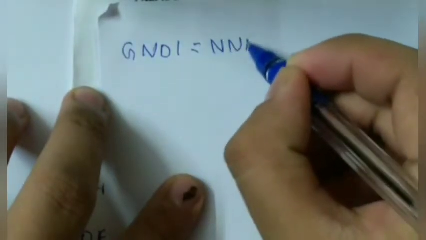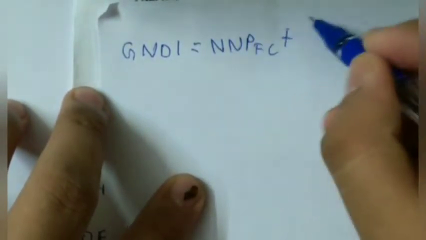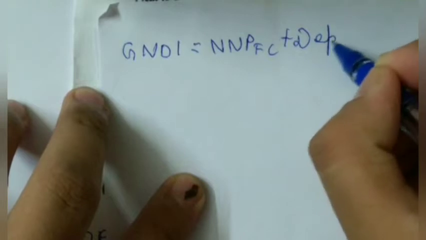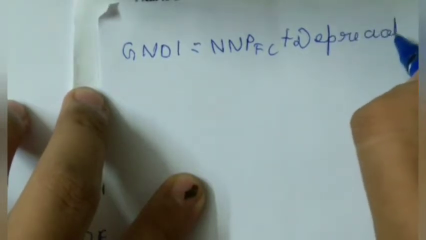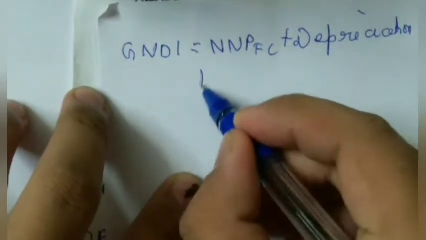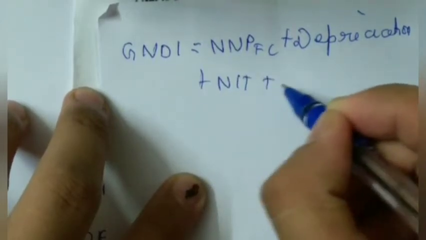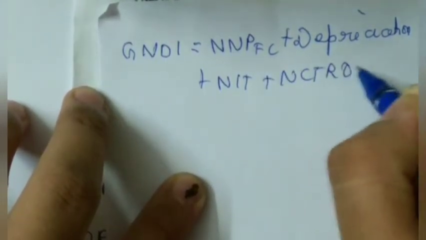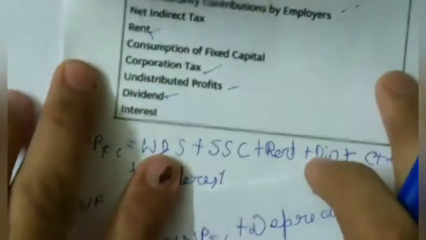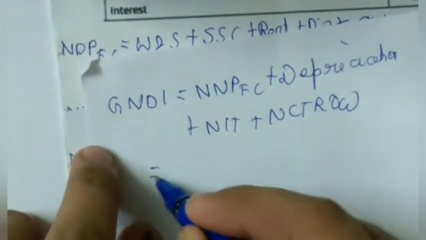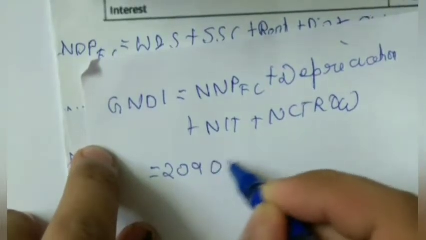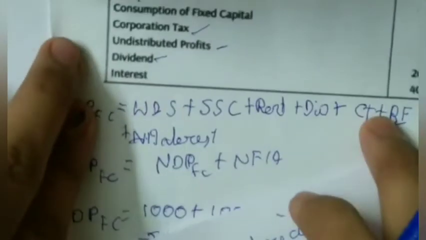How do we calculate GNDI? GNDI is nothing but NNPFC plus depreciation plus NIT plus NCT from ROW. What did we get? 2090, plus depreciation. What is depreciation?